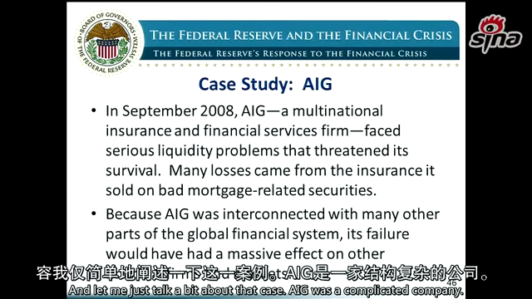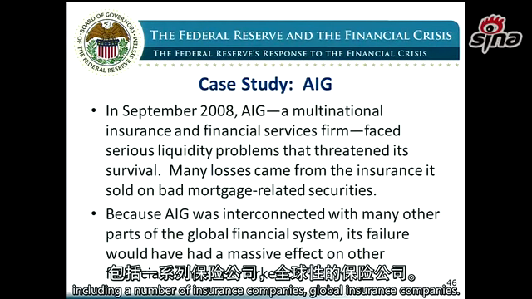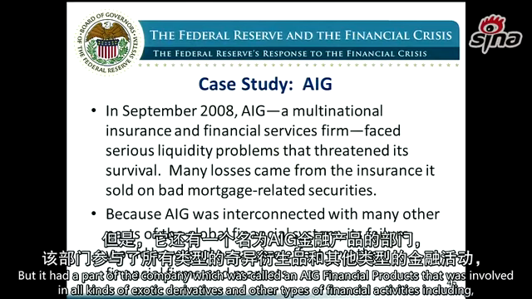Let me just talk a bit about that case. AIG was a complicated company. It was, on the one hand, a multinational financial services company with many constituent parts, including a number of global insurance companies.